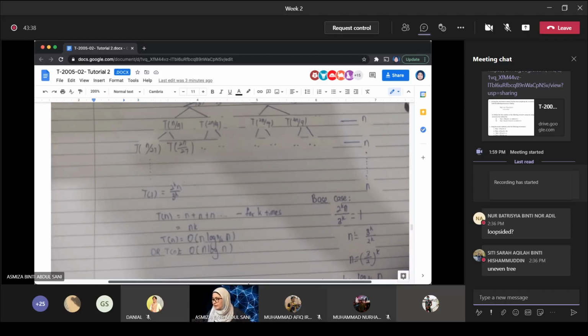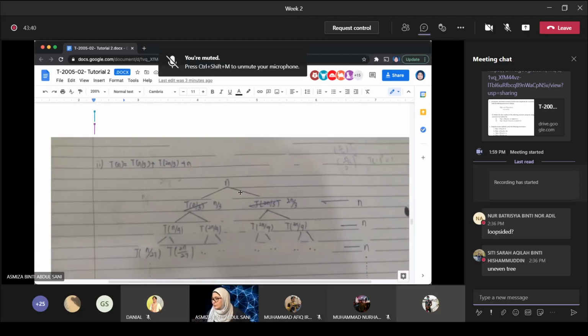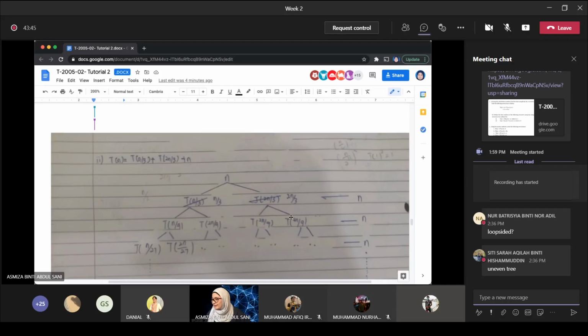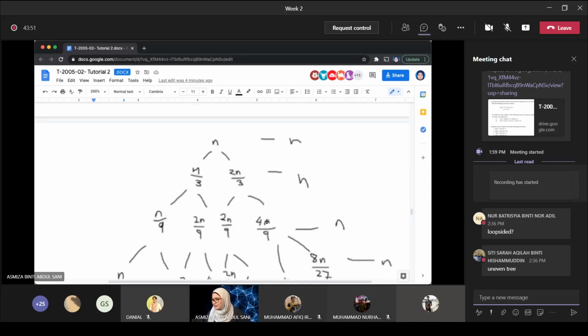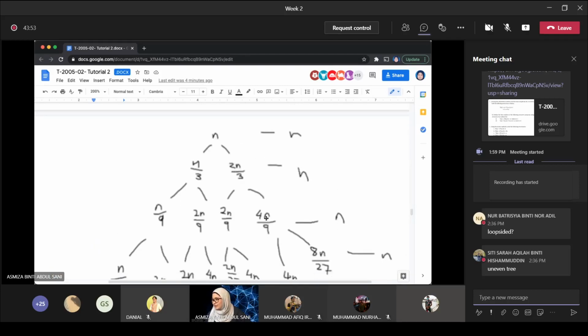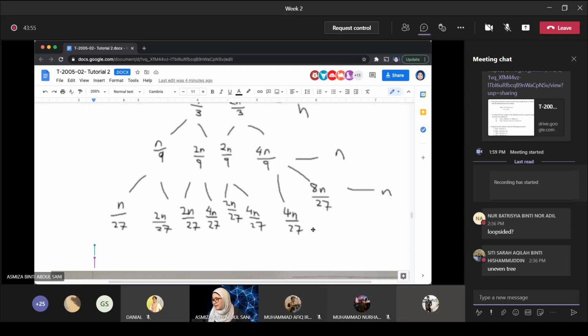It would be from this one, right? 2n over 3, 4n over 9, 8n over 27. So basically the longest path would be this one. And you know that the longest path would be the one coming from the rightmost branch from the top.